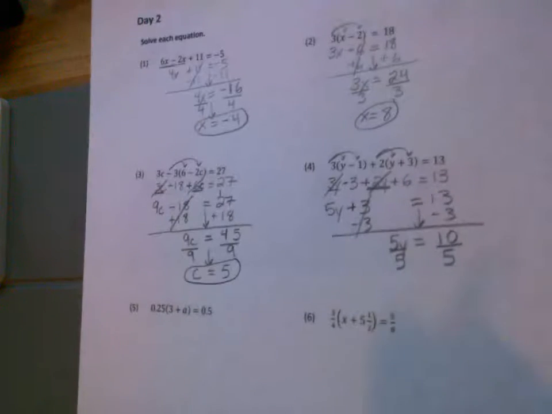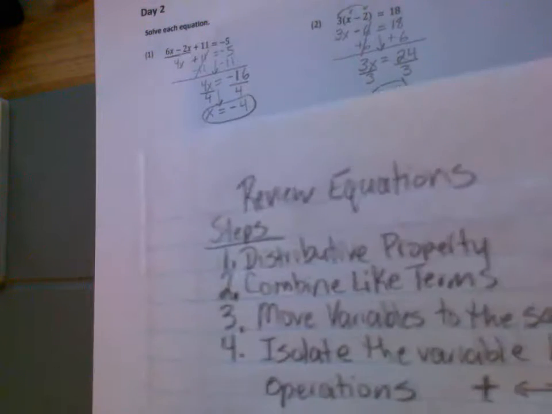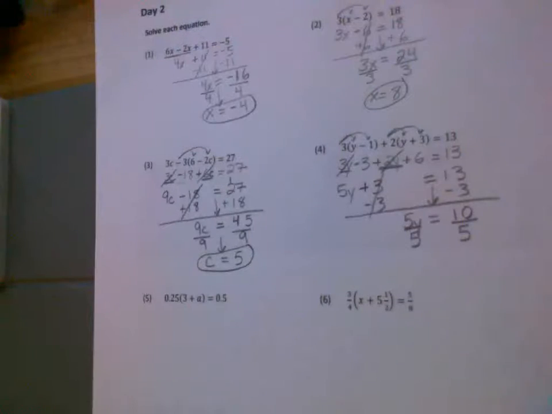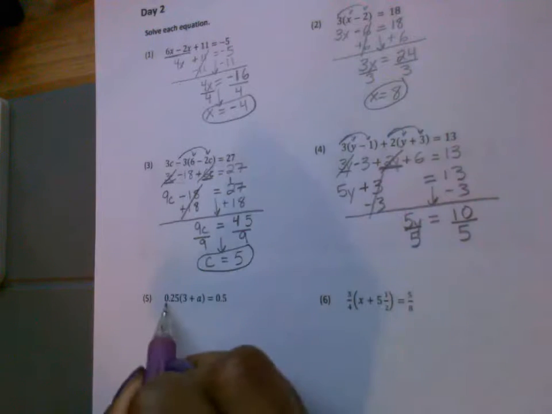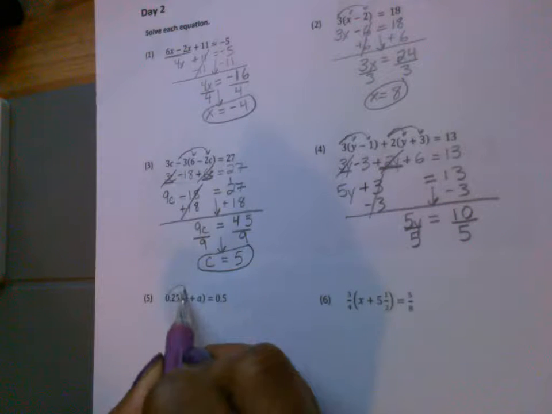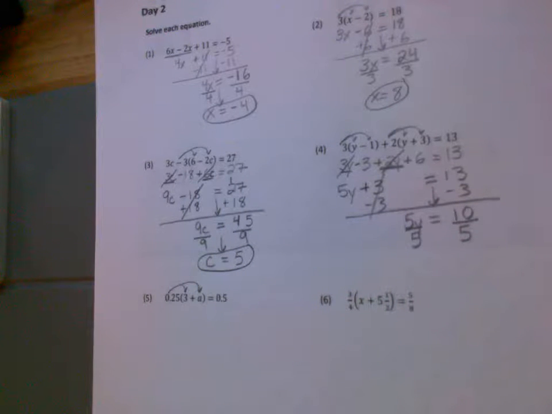Okay, so here we use distributive property first. And remember, I always refer back to my rules. Distributive property is first. So I'm going to distribute this 0.25 or 25 hundredths to both numbers.